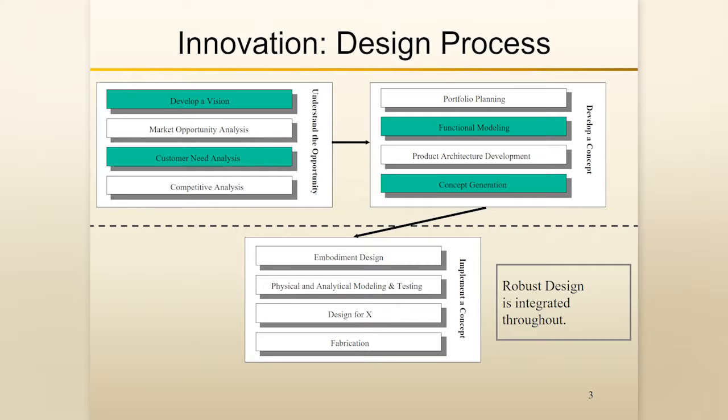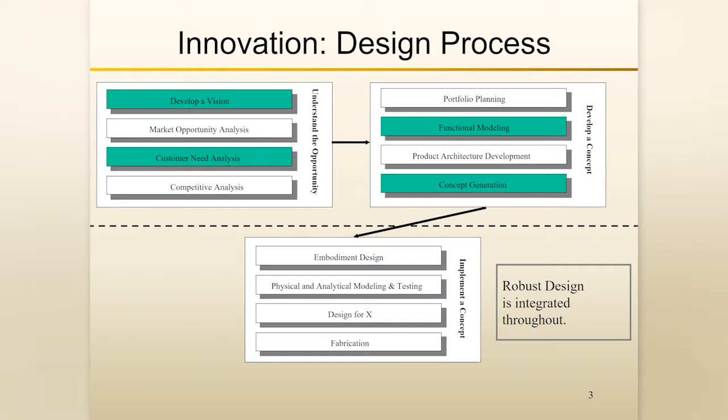We'll see that functional modeling is a way to not only organize the design process, because it gives you a strategy to decompose a complex problem, but it also leads into concept generation, because the design process is open-ended. That means that there are multiple solutions to any design problem by definition. And so you can't just pick the answer.